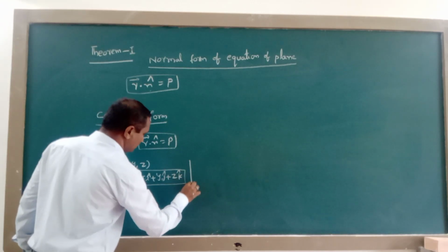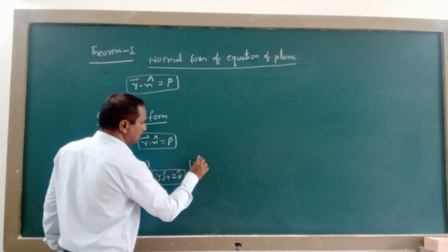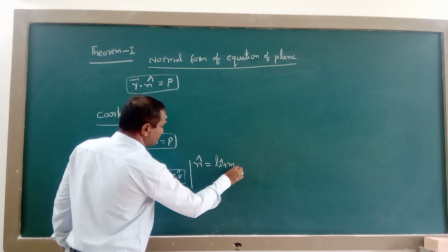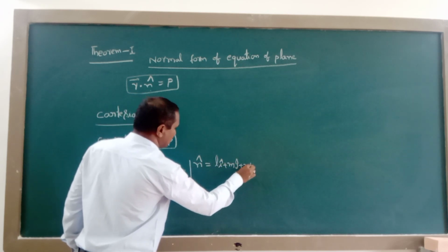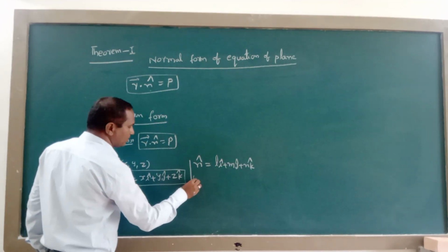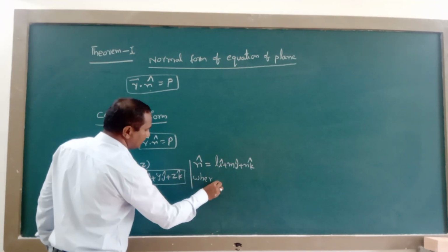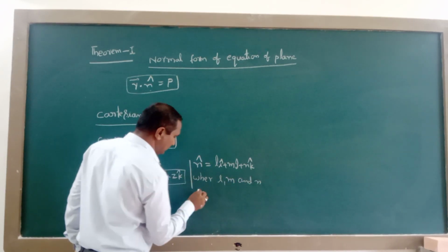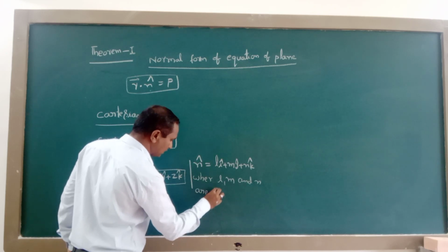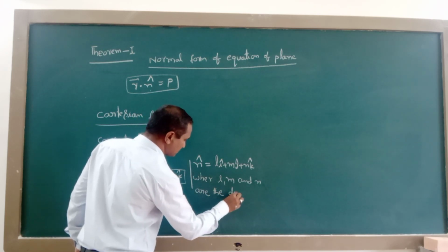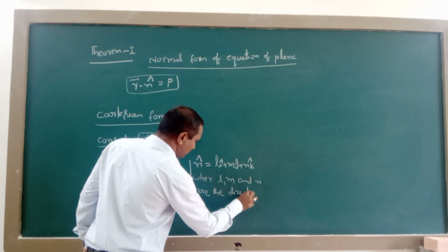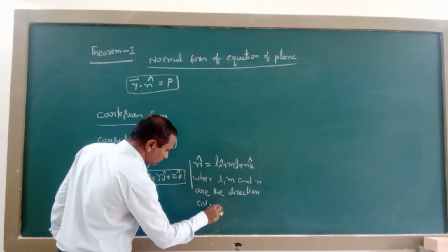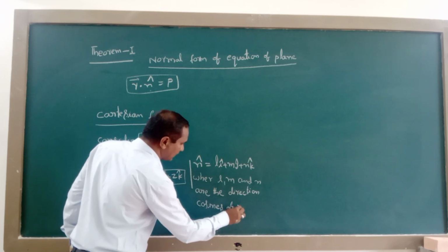Another one is the unit vector n cap, which is equal to l i cap plus m j cap plus n k cap, where l, m and n are the direction cosines of n cap.